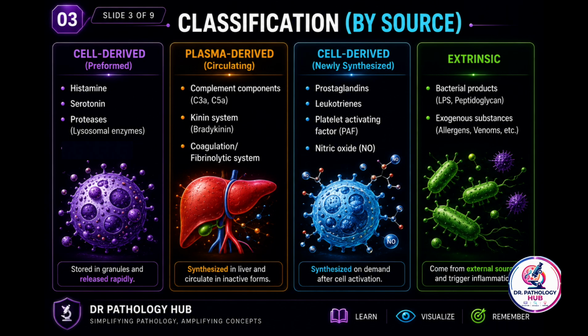The second major group is the plasma-derived mediators, which circulate as inactive precursor proteins and become activated during inflammation. These include the complement, kinin, coagulation, and fibrinolytic systems. In addition, certain extrinsic mediators such as bacterial toxins and venoms can also trigger inflammatory responses.